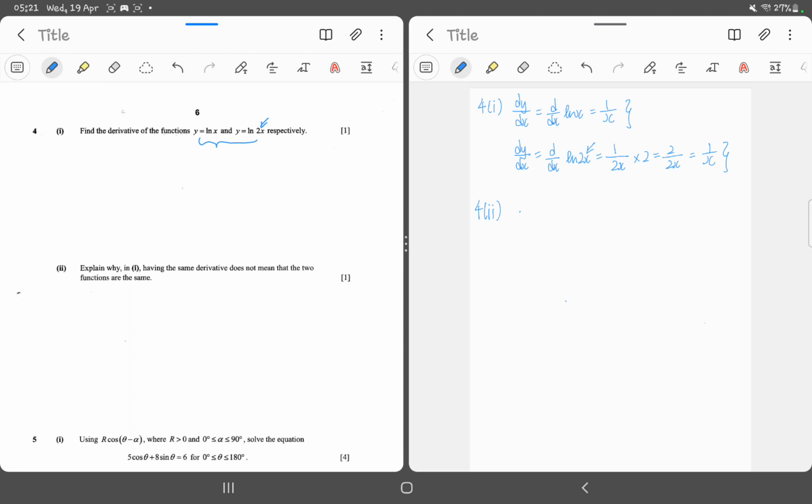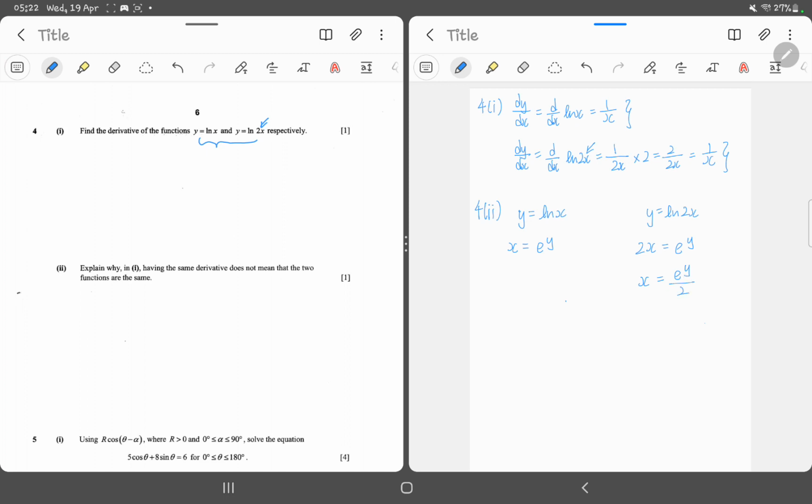So what we're going to do over here is, for y equals ln x, x is equal to e to the power of y, and for y equals ln 2x, 2x is equal to e to the power of y, which means that x is equal to e to the power of y over 2.